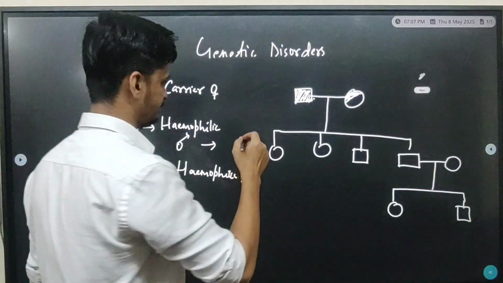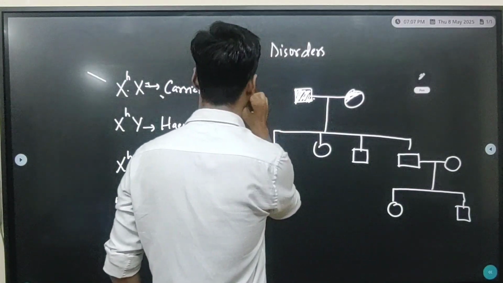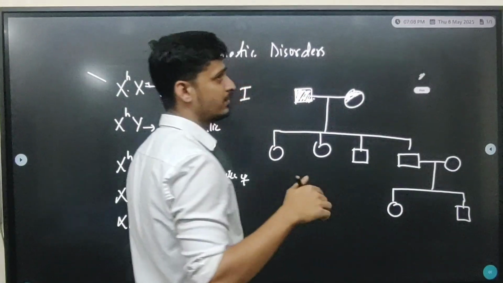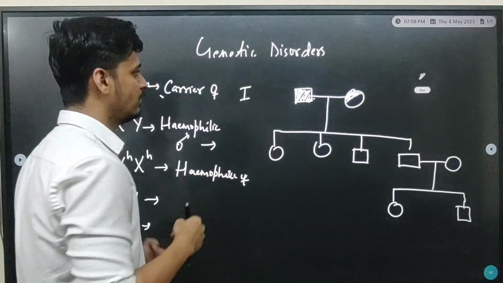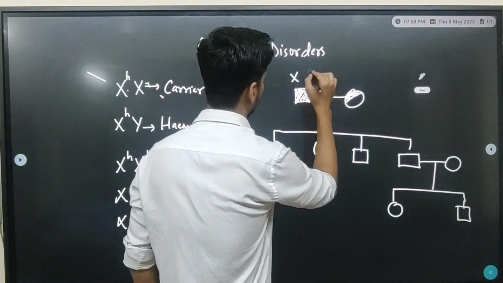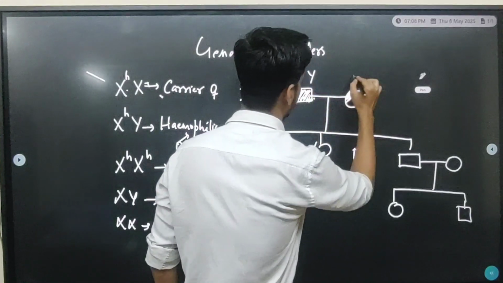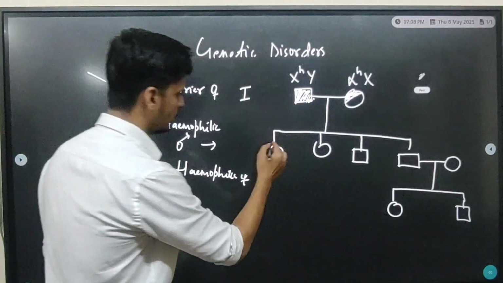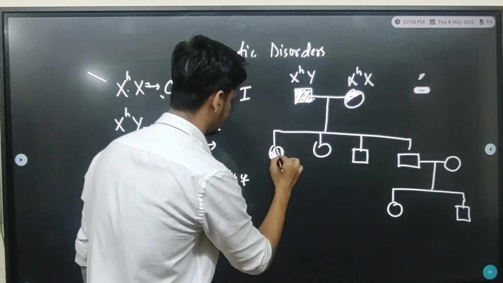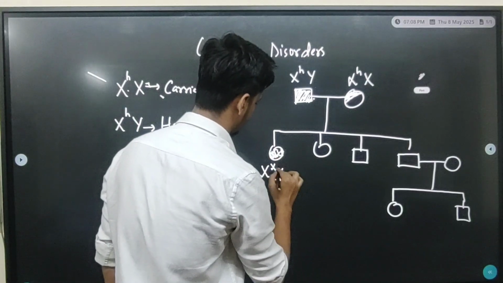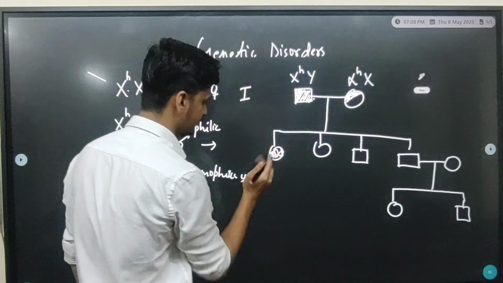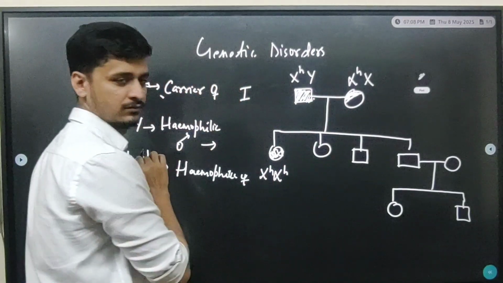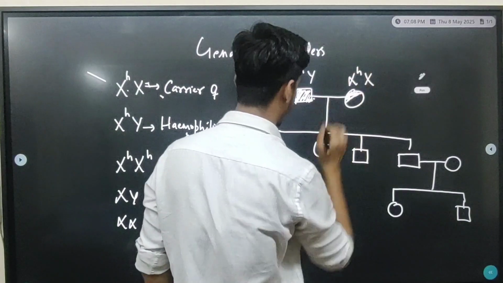In generation 1, the father is affected and the mother is a carrier, right? So what will be their progeny? XHY and XHX.